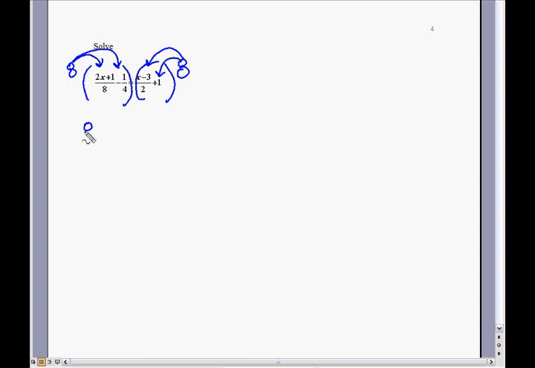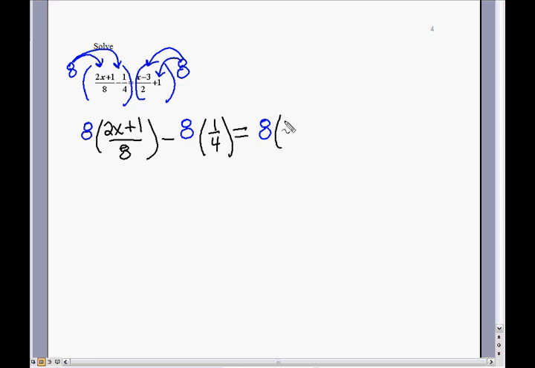I want to write that 8 next to each term so we can see how we're going to reduce this problem. So it's 8 times the (2x plus 1) divided by 8, minus the 8 times the 1/4, is equal to the 8 times the (x minus 3 over 2), and also the 8 times the 1.